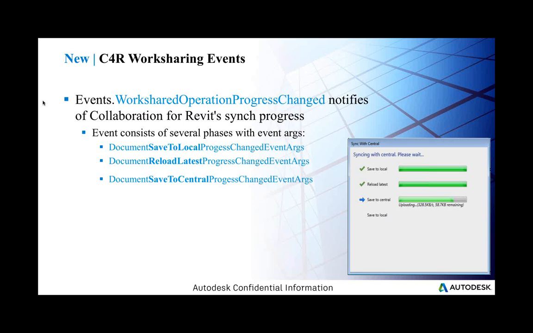There's a document save to local progress changed event args, document reload latest progress changed event args, and document save to central progress changed event args. This had been specifically implemented to support a dialogue displayed by Revit during this synchronization process, and access is provided to external add-in developers as well.